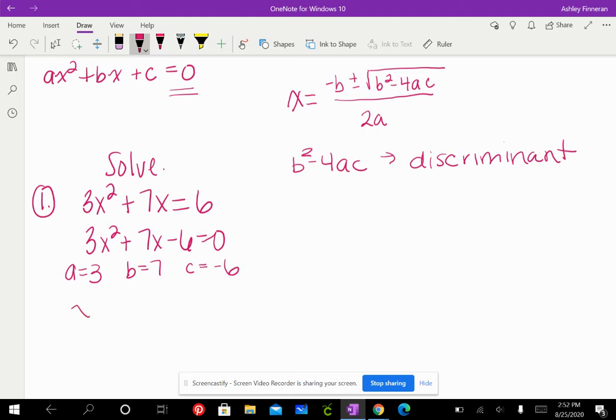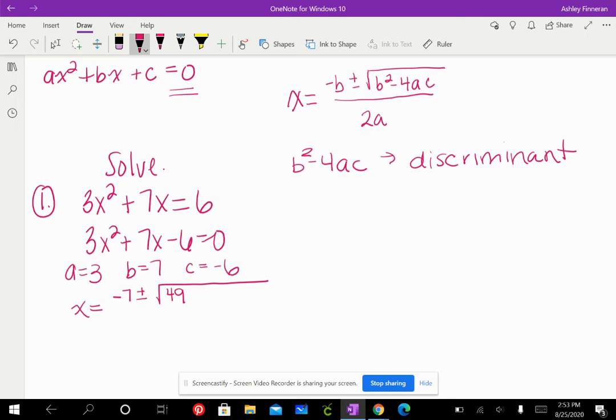So we have x equals the opposite of b, so negative 7 plus or minus the square root of b squared, which is 49. Be careful when you are squaring b. If you square a number, you never get a negative number.